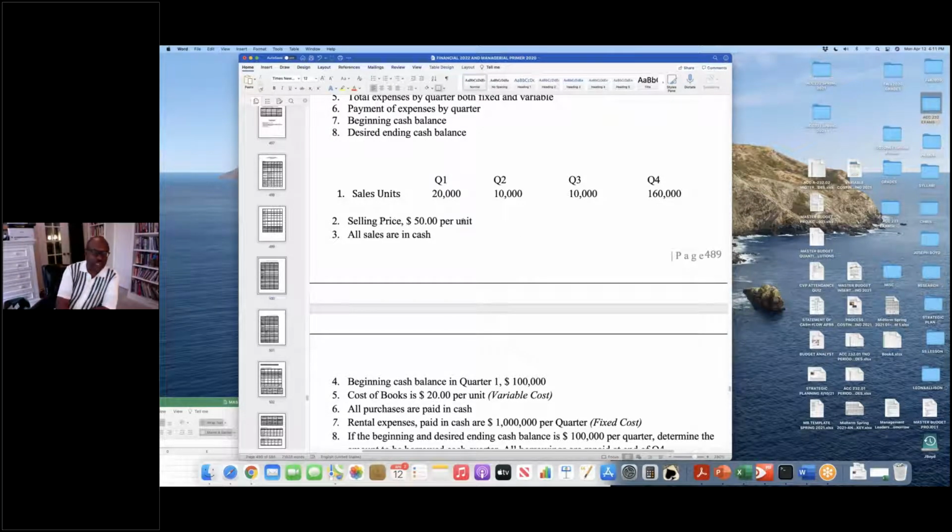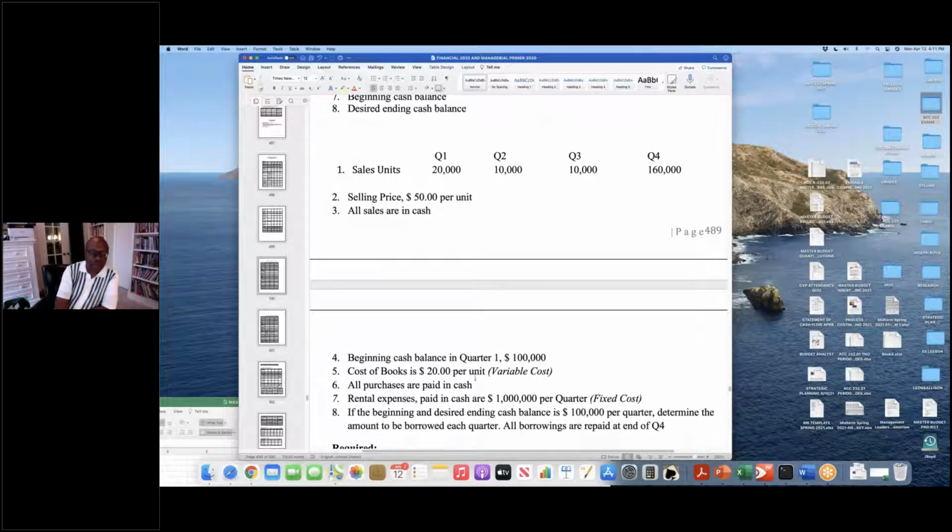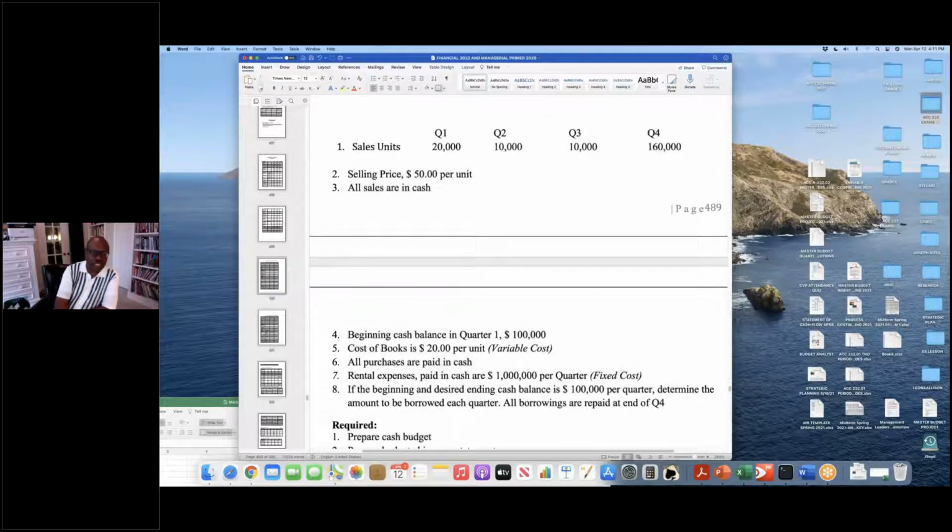We're selling at $50 a unit, and all the sales are cash, so we're making this simple. Our beginning cash balance is $100,000. And our variable cost for the books is $20. So the selling price is $50, cost is $20, and all the purchases are paid in cash.